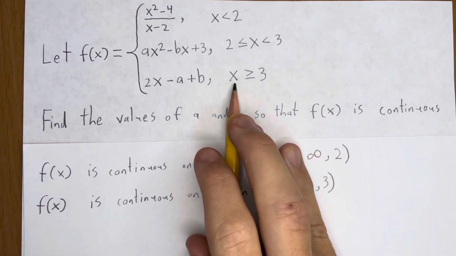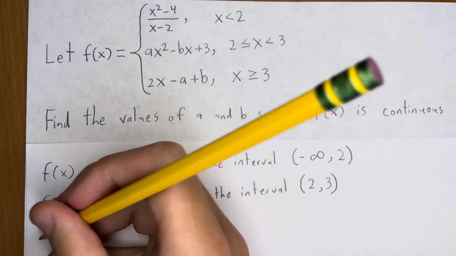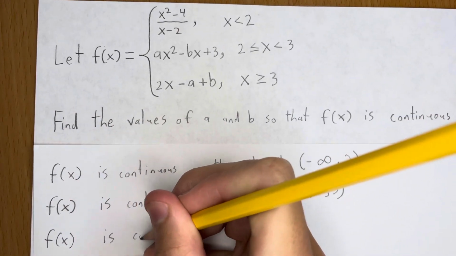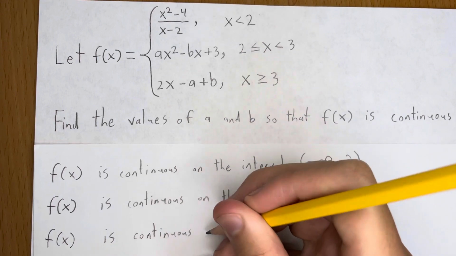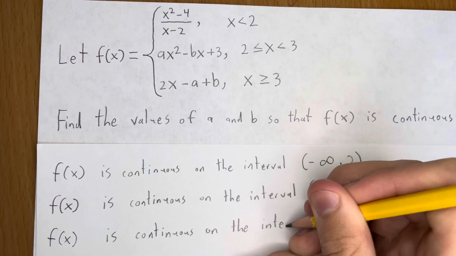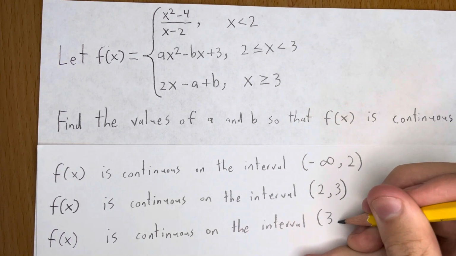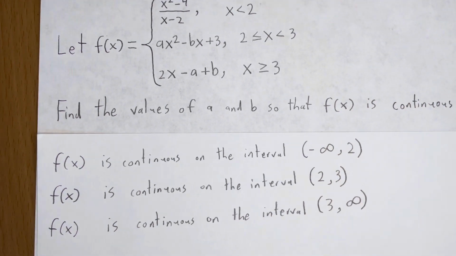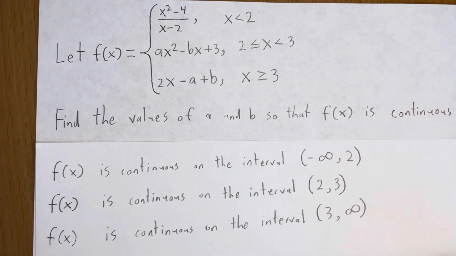And when x is greater than 3, we have this, which should also be continuous everywhere. So we can say that f of x is continuous on the interval 3 to positive infinity. Now, the only spots that we need to look at are 2 and 3.